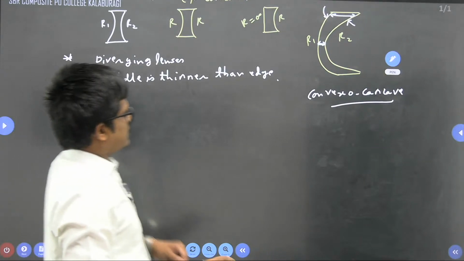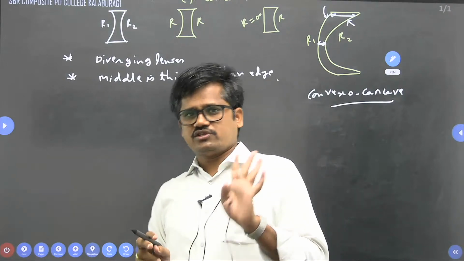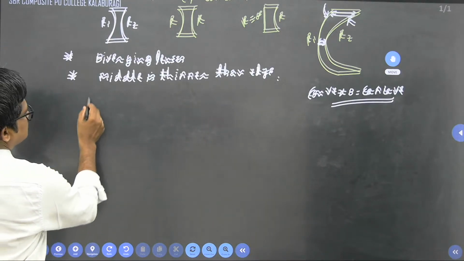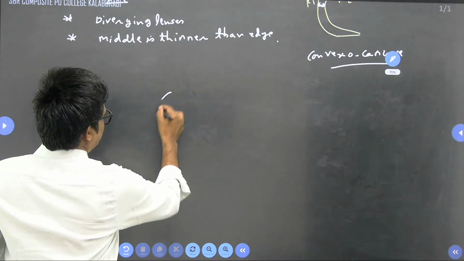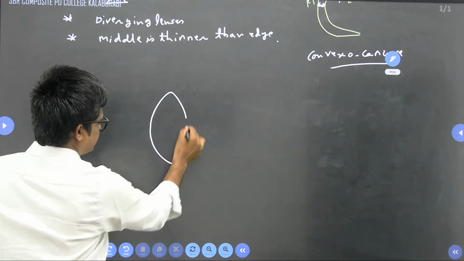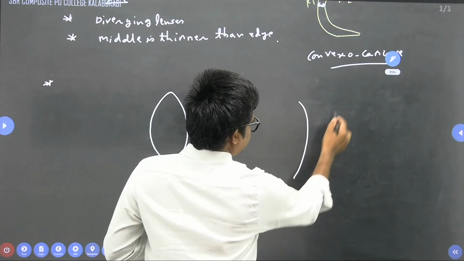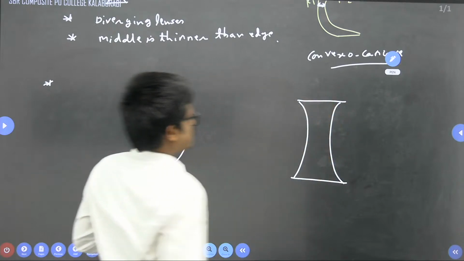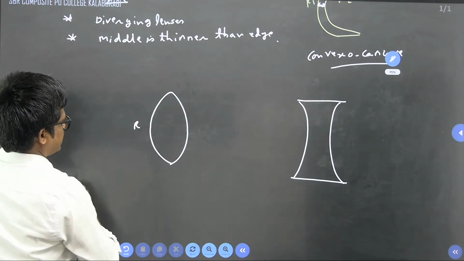Right? Okay, now. For a convex lens, two radii of curvature are there, and even for concave also we have two radii of curvature. Let us say this is R1.